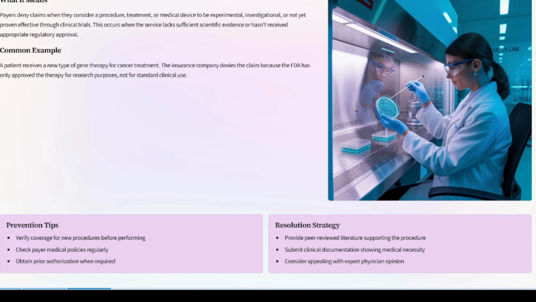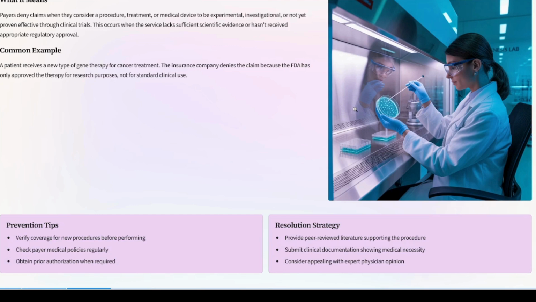And I'm going to also add this: if you have obtained an authorization for a particular procedure, but when the physician goes in, a different procedure has to be performed, there needs to be some type of process in place for those scenarios if something were to change.